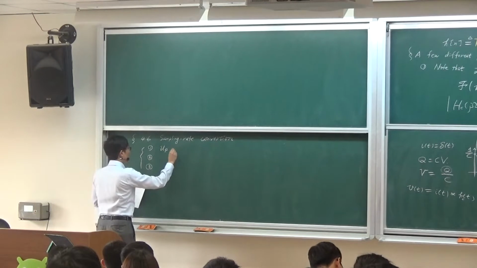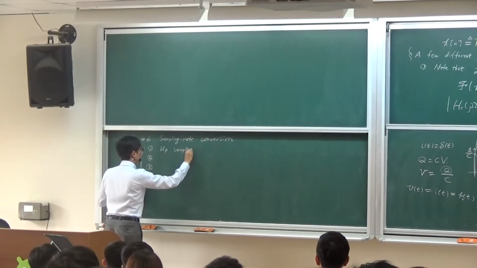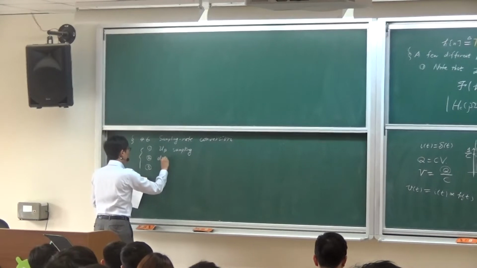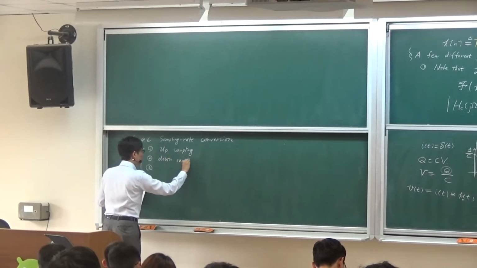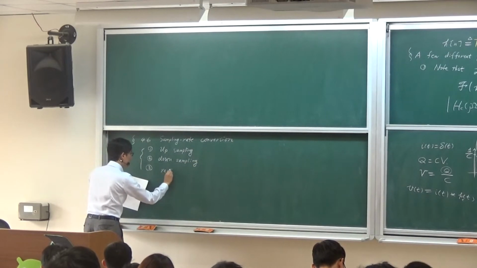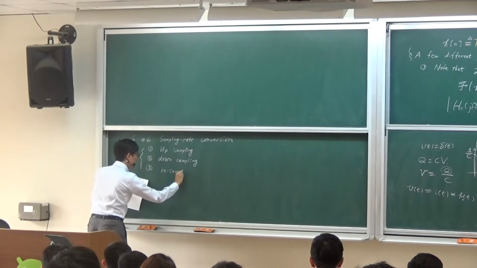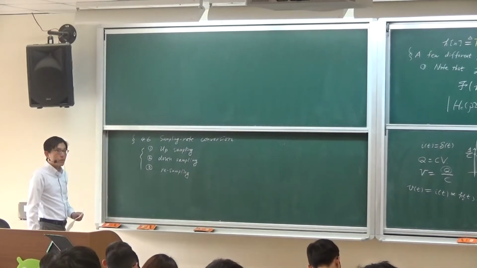So we have the issue of upsampling, of downsampling, and resampling. That means to convert the sampling rate by any ratio. Okay?